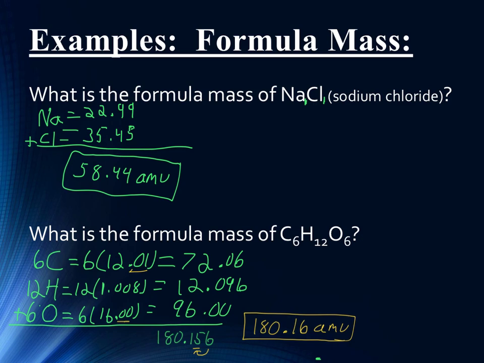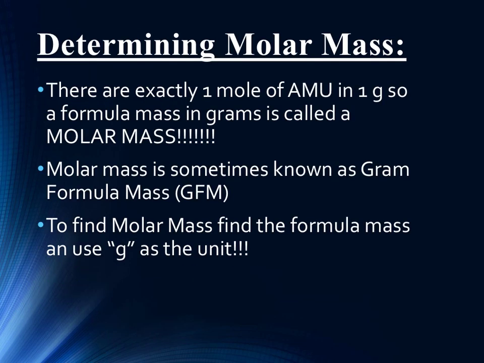All right, let's move on. So now we're going to talk about something called molar mass. There's a little trick about molar mass. You see, earlier I said there's exactly 1 mole of atomic mass units in 1 gram. So if I change my units from AMU to grams for a formula mass, it is called a molar mass.